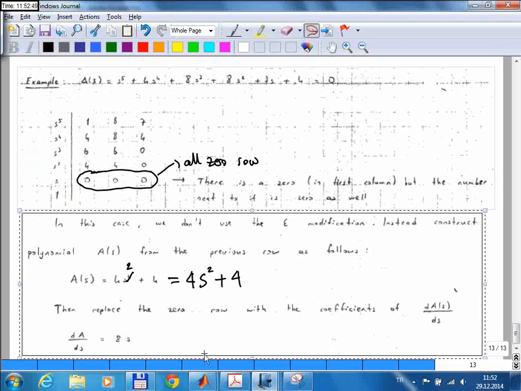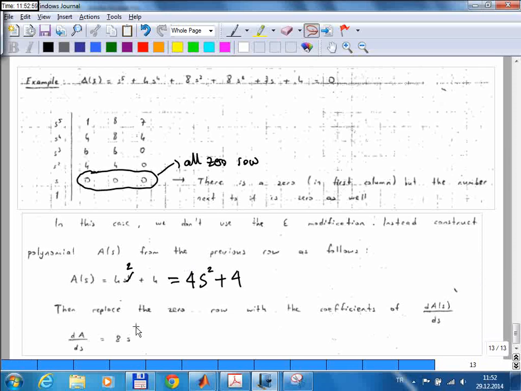Then you differentiate this polynomial, and taking the derivative with respect to s gives you 8s. And instead of the 0 row, you use this polynomial. So you put 8s for that 0.